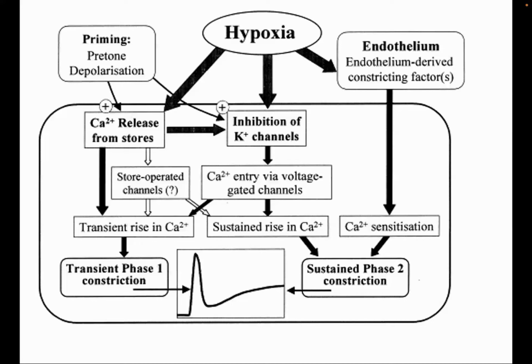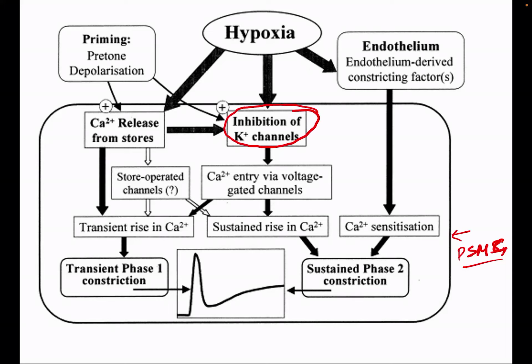So this is the mechanism basically. The alveolar partial pressure of oxygen is sensed by the pulmonary arterial smooth muscle cells. This cell senses hypoxia, and it inhibits the potassium channels first.